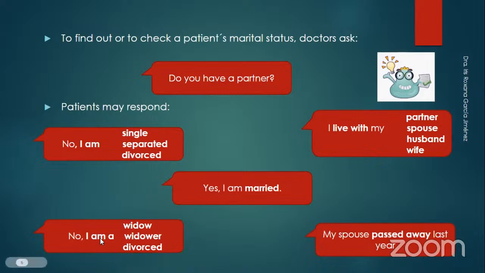Another way, no, I'm a widow, or maybe I'm a widower, or no, I'm divorced. Okay. Or if the patient has a very difficult situation, a widow or widower, my spouse passed away last year. Could be a situation and expression telling us that it's a widow or widower, right?